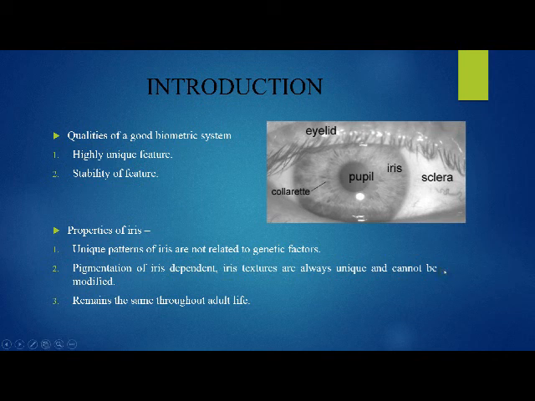The properties of the human iris qualify it to serve as a good biometric since it has unique patterns, it cannot be easily modified, and it remains stable over a period of time.